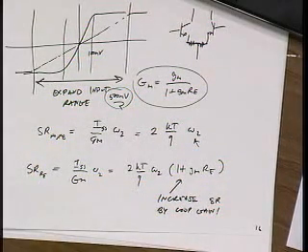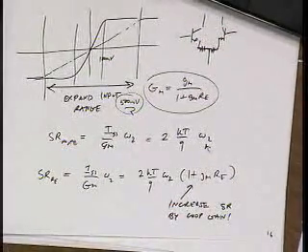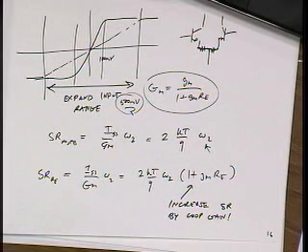That's great, right? My loop gain is 10. I've got 10 times more input range. What's the limit? How much larger can I make it? Can I make this 1,000?